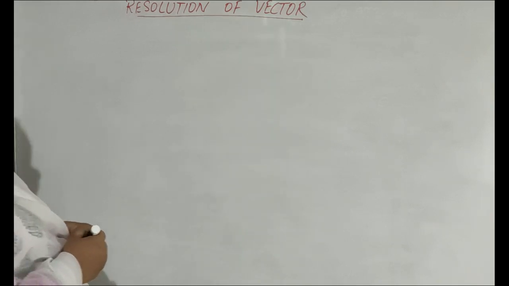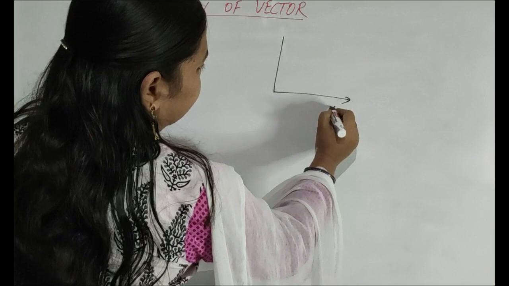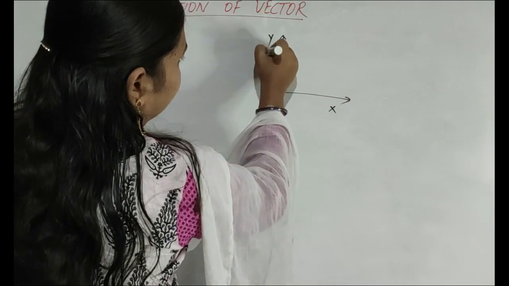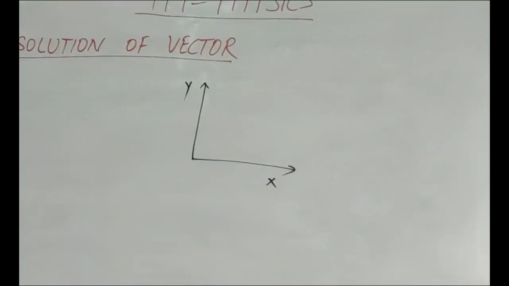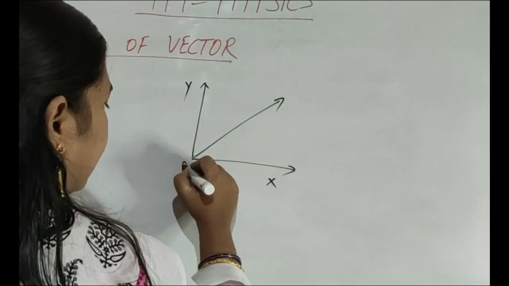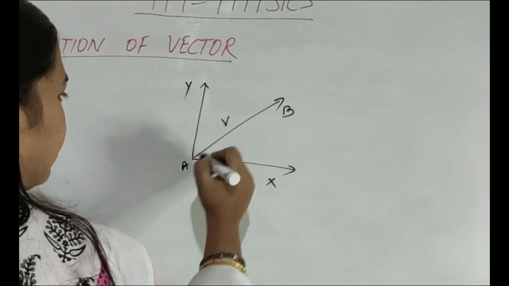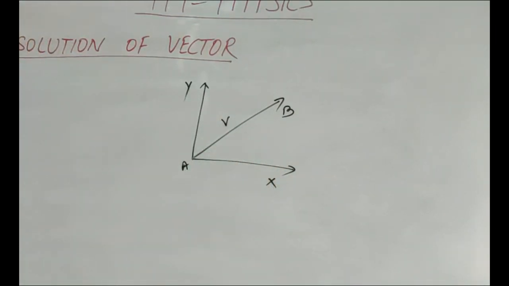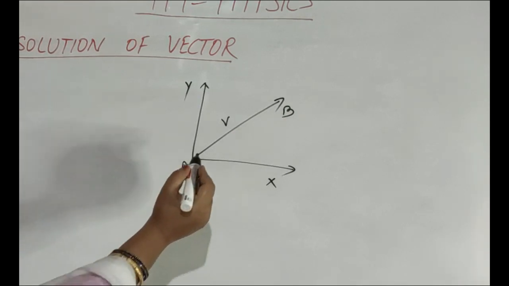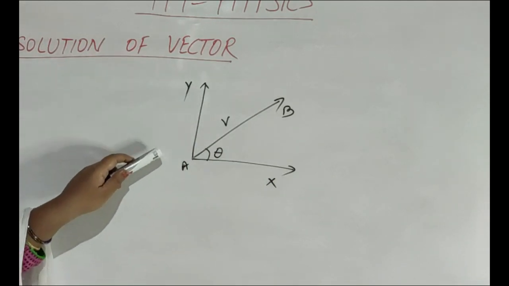So see children, suppose there is a vector, AB. AB is a vector. We can take V; V is a velocity vector. AB is the name of the vector.